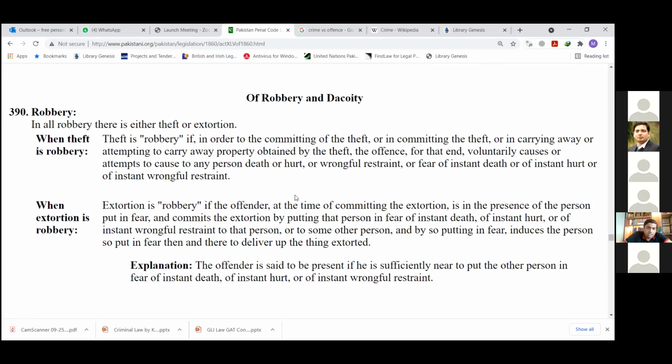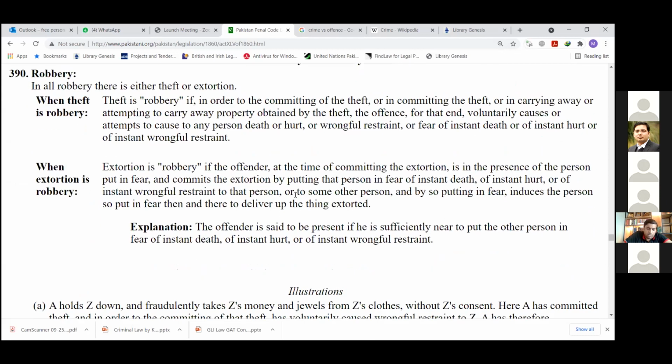Section 390 is robbery. Robbery is an aggravated form of theft. Theft is robbery if, in order to commit the theft, or in carrying away or attempting to carry away property obtained by theft, the offender voluntarily causes or attempts to cause any person death or hurt or wrongful restraint.